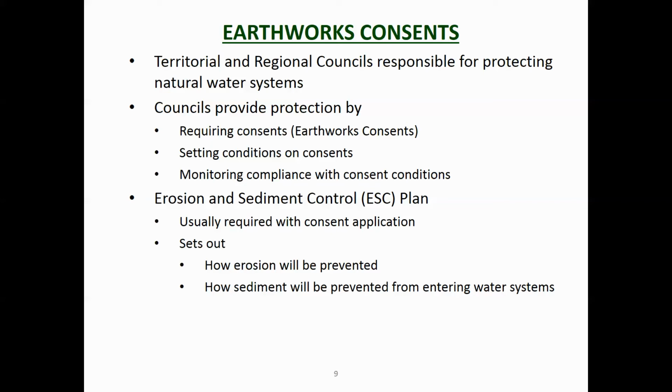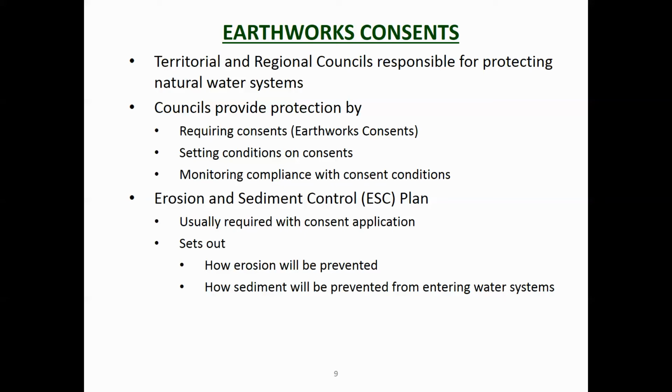Now, the way that it's administered in New Zealand is by earthworks consents. The territorial and regional councils are responsible for protecting the natural water systems, and the way they do that is through consents. In Auckland, the territorial and regional council is one organisation, the Auckland Council. In other areas, you might have a regional council.